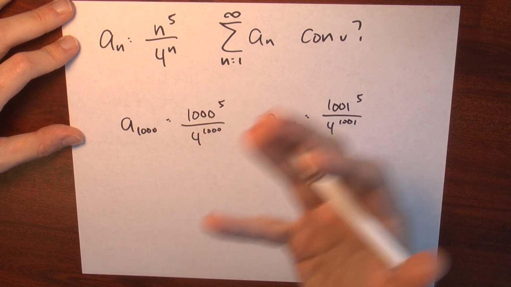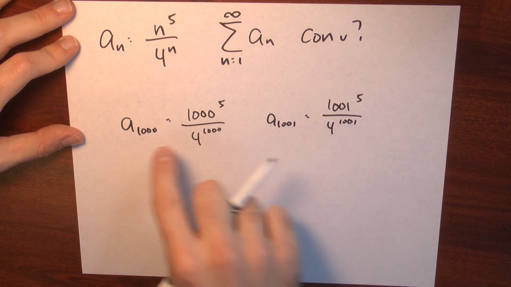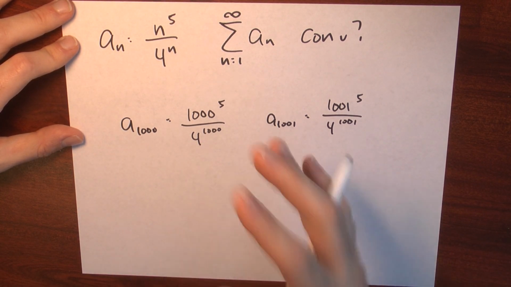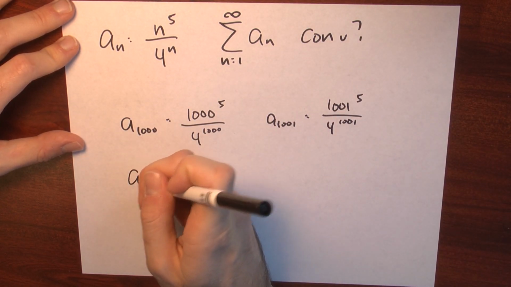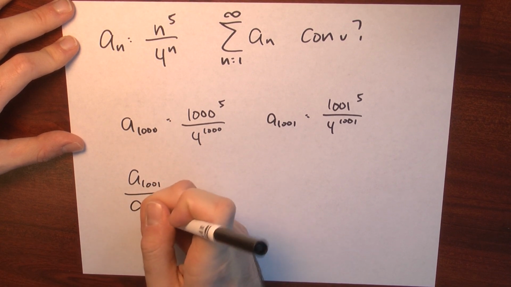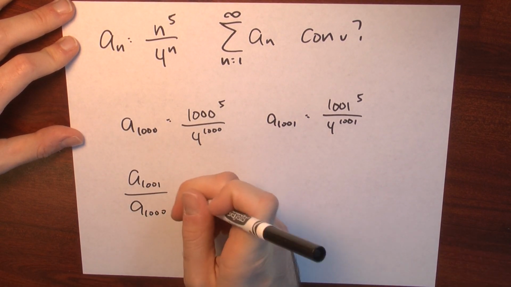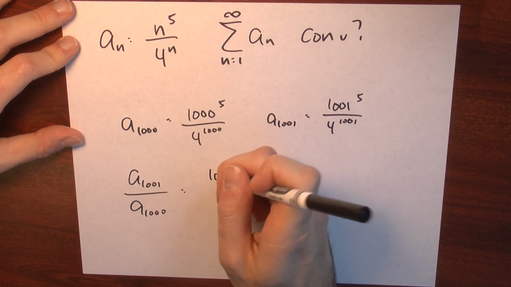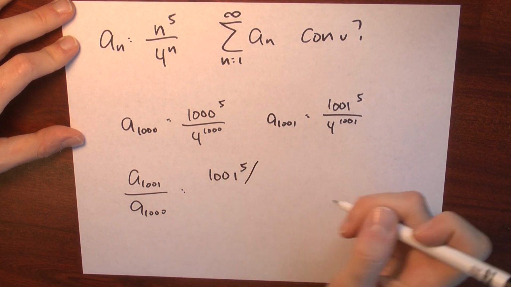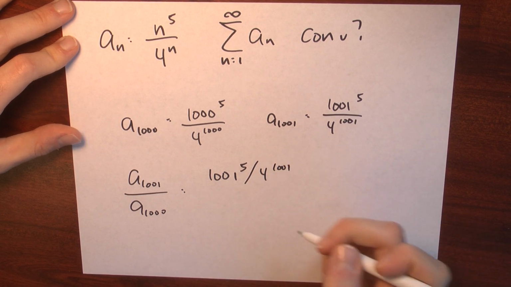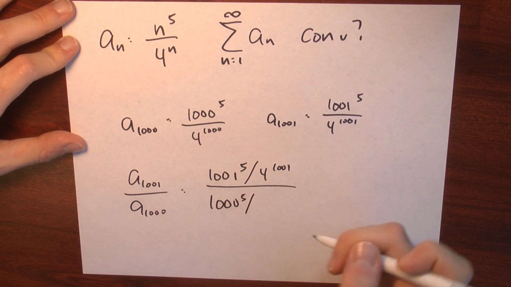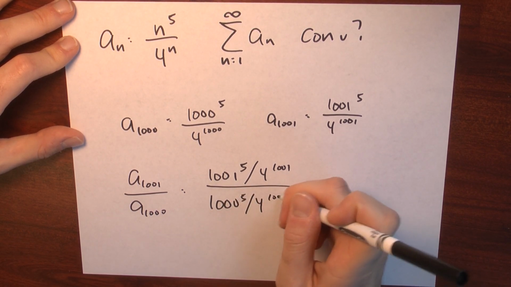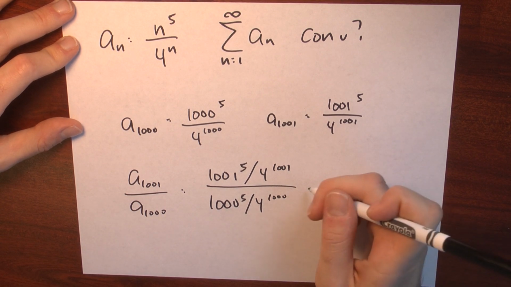Now, if this were actually a geometric series, the ratio between subsequent terms would be the same. This isn't a geometric series, but let's see if we're close. So a sub 1,001 divided by a sub 1,000: a sub 1,001 is 1,001 to the 5th power over 4 to the 1,001st power, divided by a sub 1,000, which is 1,000 to the 5th power over 4 to the 1,000th power.